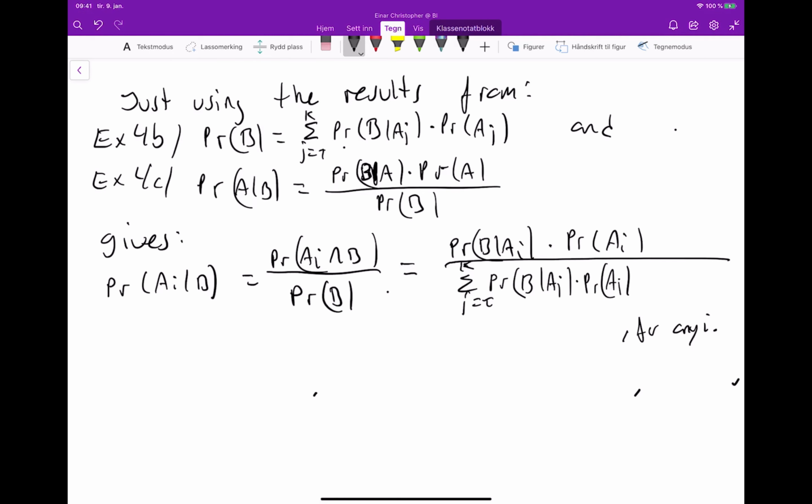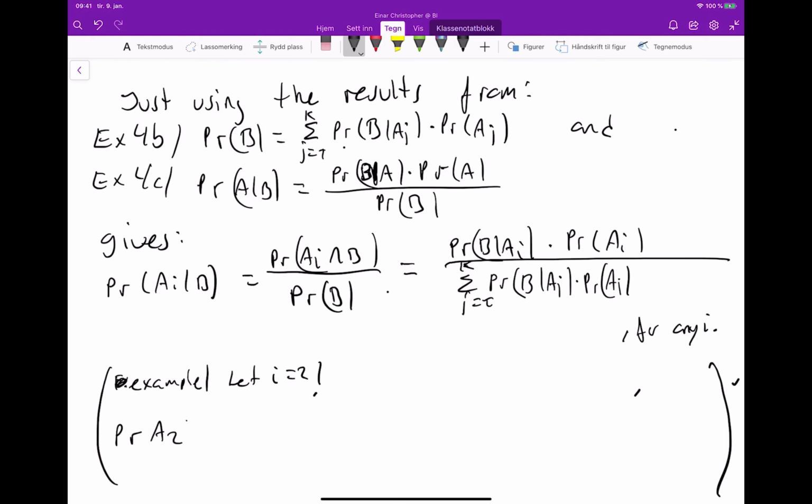I could show this for especially A2, but we have done the exercise now, but for example, let i equal 2.